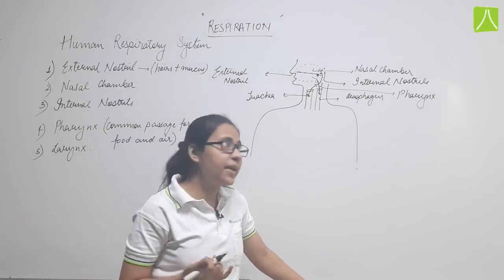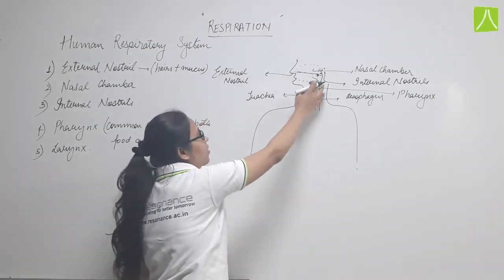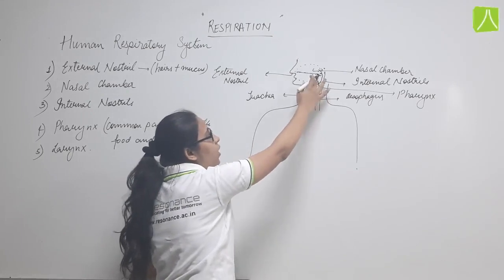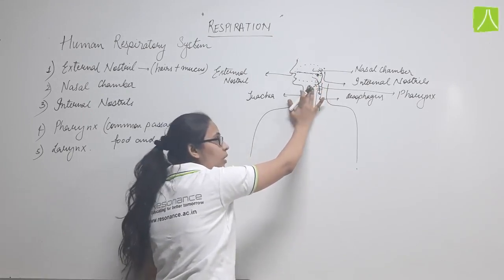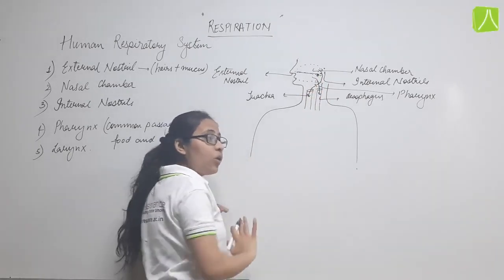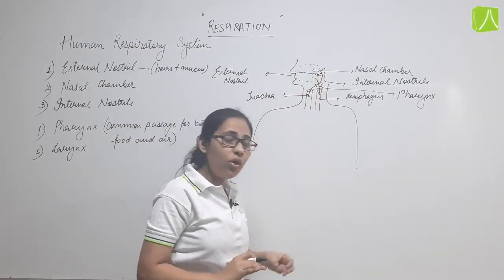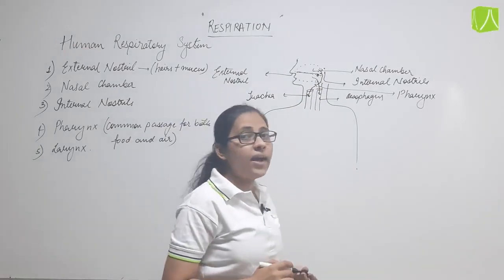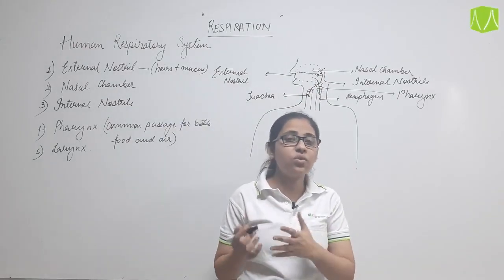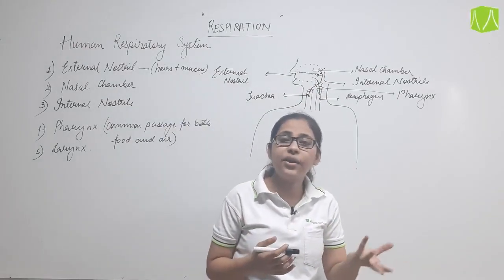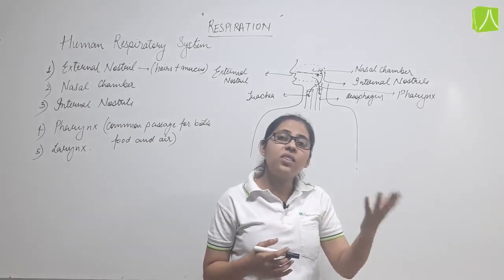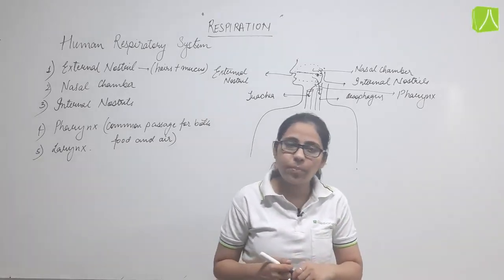Got it? When we take in air, the uvula closes the opening of the food pipe, and when we swallow food, it closes the opening of the windpipe, so that the food does not enter into the windpipe as well as the air does not enter into the food pipe.